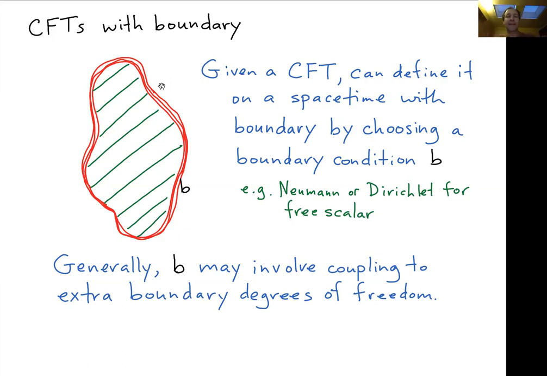Then you can also have additional degrees of freedom associated with the boundary. For example, if you have various stacks of D5s or NS5s, you can have additional branes stretching between those. And then in the low energy theory of that system, you would have a bulk CFT and then a set of boundary degrees of freedom as well.